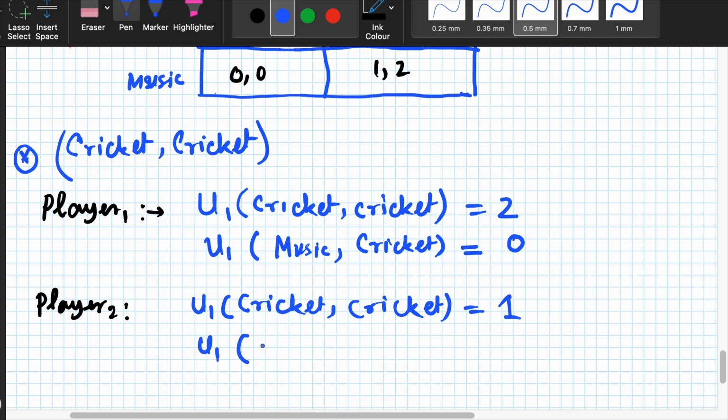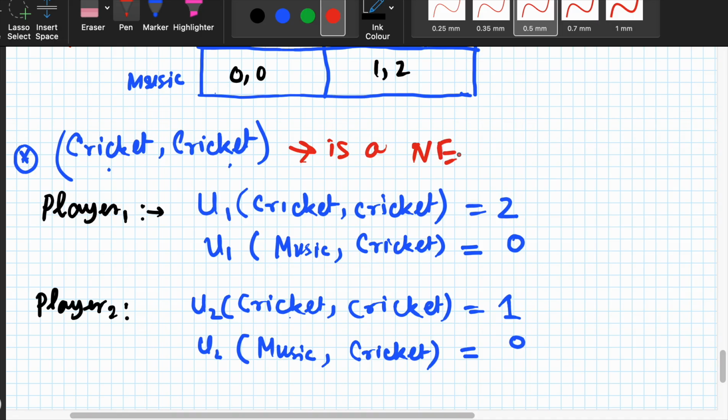However, if she chooses music instead of cricket and player 1 sticks to cricket, then player 2, the female, will get a payoff of 0. That means if she deviates, she loses payoff. So there is no incentive for either player 1 or player 2 to deviate from the action profile cricket, cricket. So cricket, cricket is a Nash equilibrium.